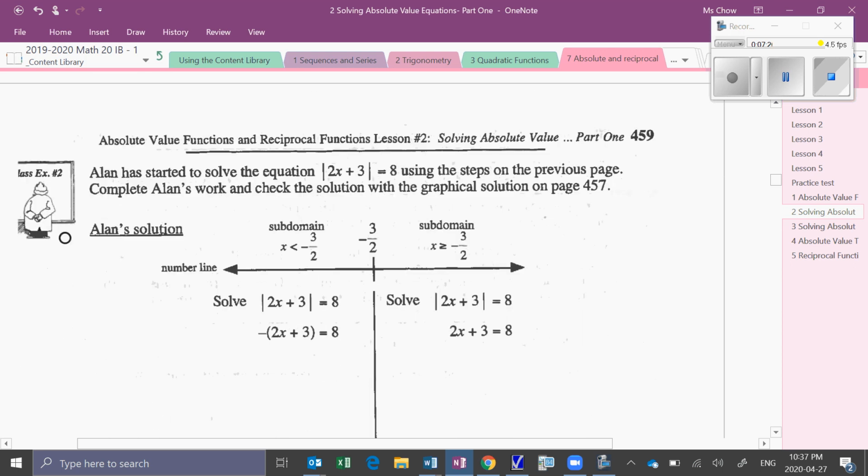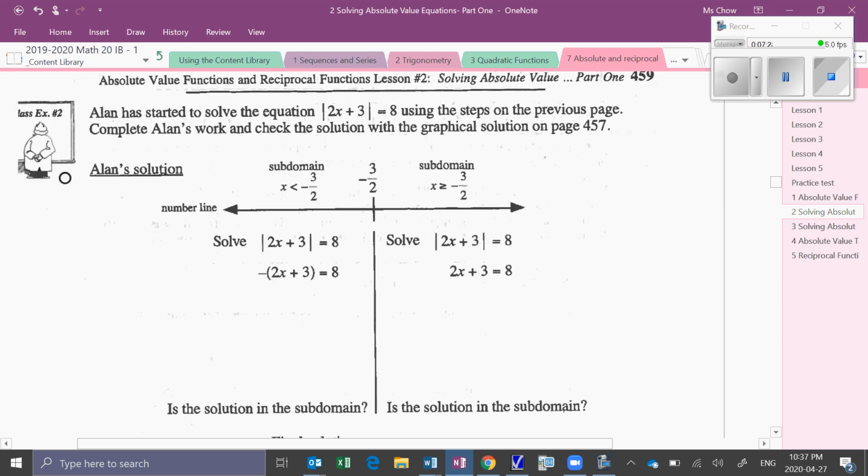Okay, so we've got the equation absolute value of 2x plus 3 is equal to 8, and this was the graph. That was the very first equation that we graphed on the previous page. So to figure out what our subdomains are, like where does that random -3 halves come from, what we're trying to figure out is if I was graphing absolute value of 2x plus 3, where does that hit the x-axis?